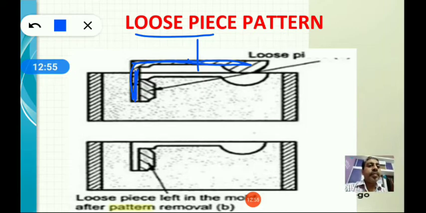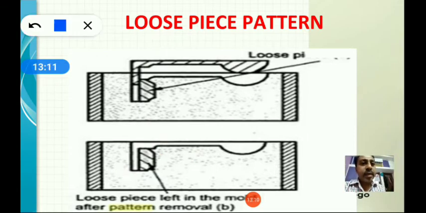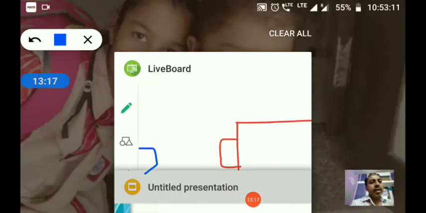In the second figure, the first pattern is removed, then we just tilt these patterns so that this small part can come out and be easily withdrawn. So we can make this undercut.